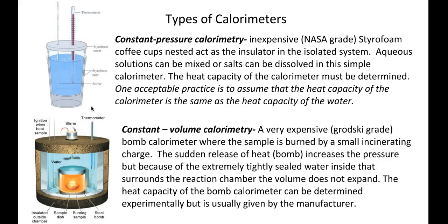Certainly there's going to be limitations, and even though we don't have a more advanced type of bomb calorimeter, we actually prefer to use this nested constant pressure calorimetry. It's constant pressure because the openings allow air pressure to go in and out, so the pressure inside and outside is not closed. It's interchangeable and in equilibrium. So the pressure in this container is the same as the outside pressure.